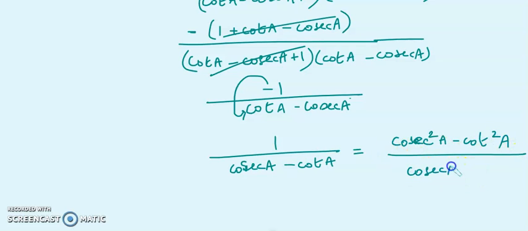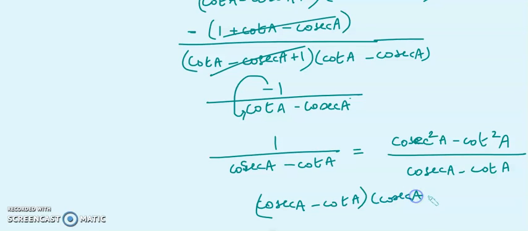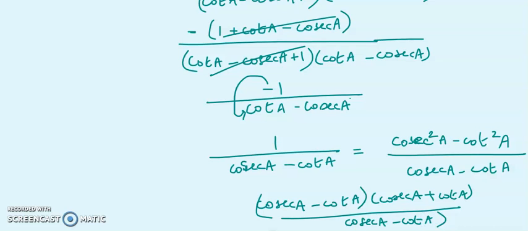The denominator is cosec A minus cot A. So A minus B into A plus B, that will be cosec A minus cot A into cosec A plus cot A, the whole divided by cosec A minus cot A. So we got the answer, right?